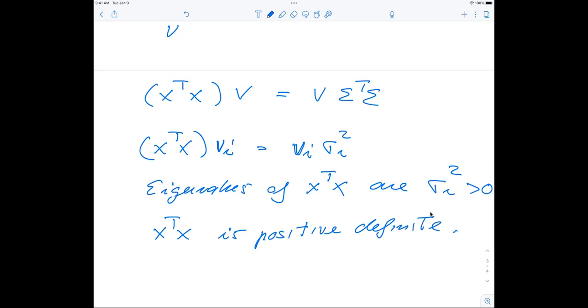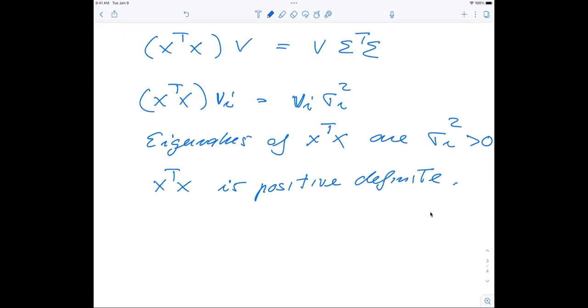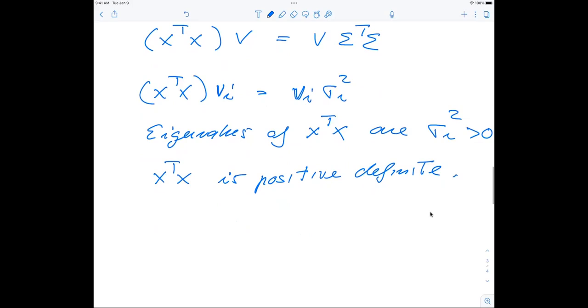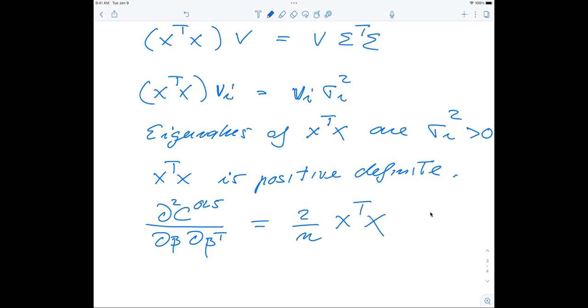I said this is a kind of intermezzo, but it's a very useful one, because we know that the second derivative of the cost function with respect to the vector beta, the way we define the cost function for ordinary least squares, OLS, is equal to this quantity, X transpose X. All the eigenvalues of this matrix X transpose times X are positive.